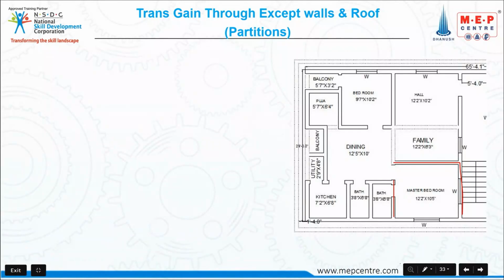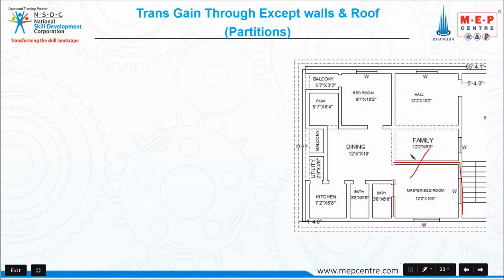In these three partitions, we consider only two partitions.